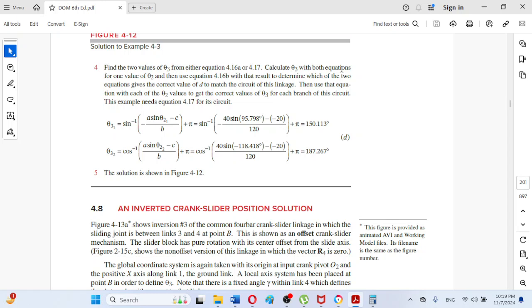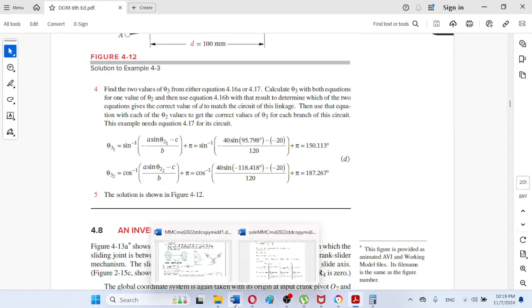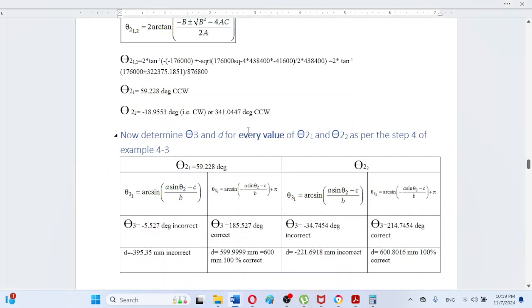Calculate theta 3 with both equations for one value of theta 2. So these equations, which are already shown here, I have listed them here, that theta 3 and d will be determined for every value of theta 2 1 and theta 2 2, as per step 4 of example 4-3.